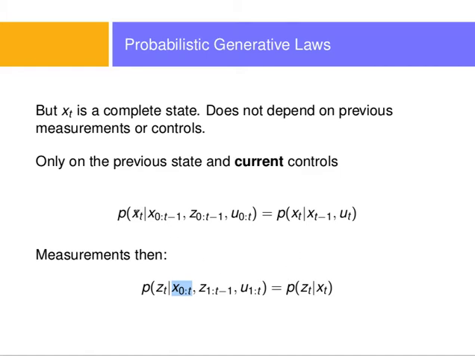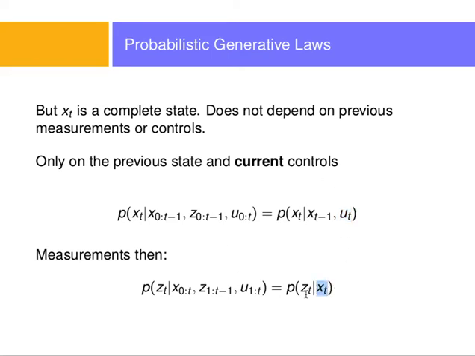So the model will just be simplified to the state depending on the previous state and the actions that I did to change that state, okay? And my measurements will depend only on the state of the world.